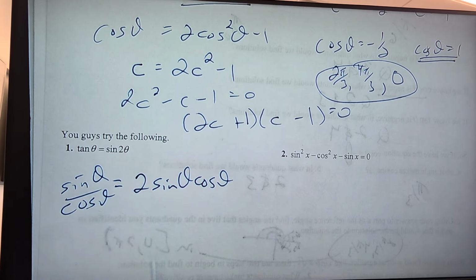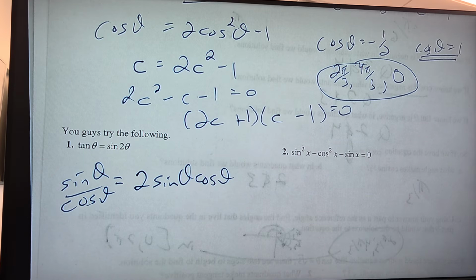Now, I want to stop for a second. Before we go any further, do you guys see a part of this equation that causes certain angles to not work? What part of this equation would freak out if I input certain angles? Zero. Cosine would be 0.